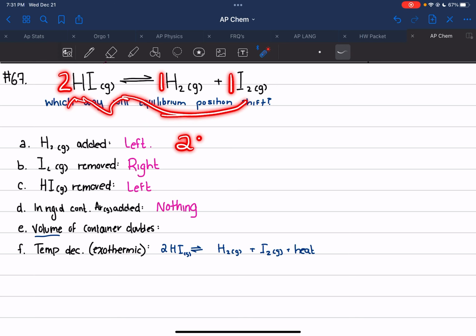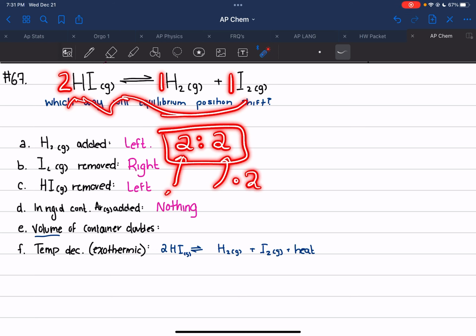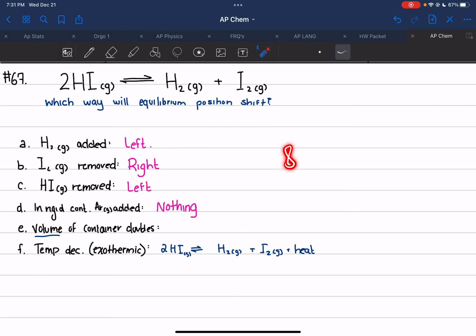Technically, from products to reactants, it's a 2-to-2 ratio, meaning if you double this times 2, this will double times 2, and you'll become a 4-to-4, and eventually 8-to-8, 16-to-16, etc. So nothing happens here, and this is not always the circumstance.